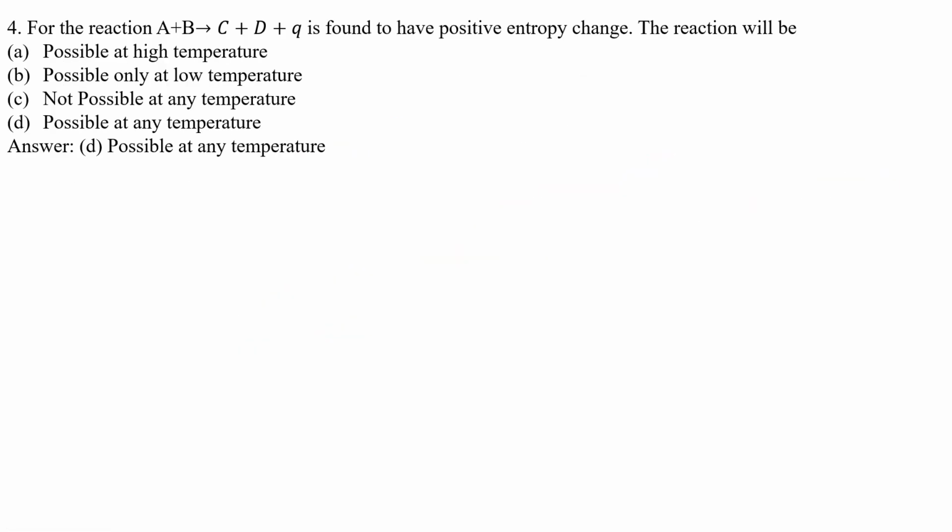Next problem is, the reaction A plus B gives C plus D plus Q is found to have positive entropy change. The reaction will be possible at high temperature, possible only at low temperature, not possible at any temperature, or possible at any temperature.